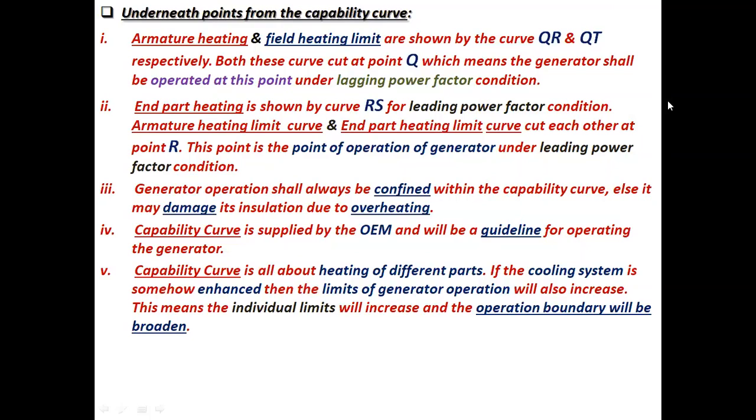Both these curves cut at point Q, which means the generator shall be operated at this point under lagging power factor condition. End part heating is shown by the curve RS for leading power factor condition. The armature heating limit curve and the end part heating limit curve cut each other at point R. This point is the point of operation of the generator under leading power factor condition.